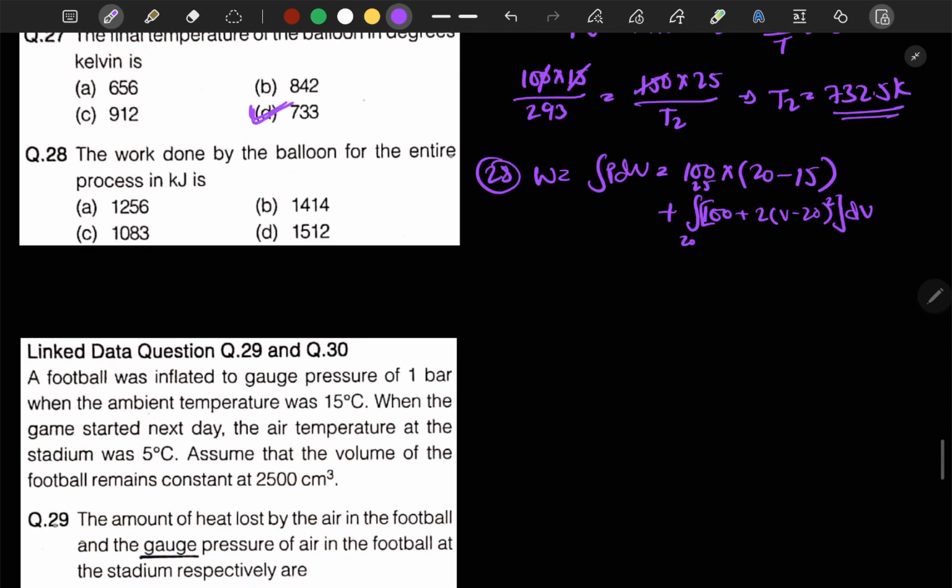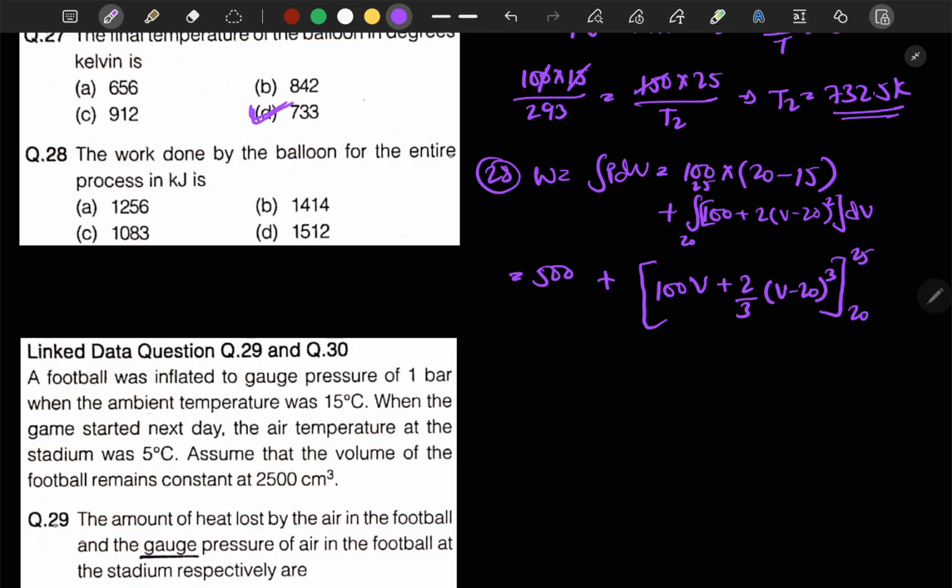Okay, so let's complete it first. Here the first term will be 500, plus after we integrate this, on integration we will get 100V plus 2 by 3 times of V minus 20 whole cube, from 20 to 25.